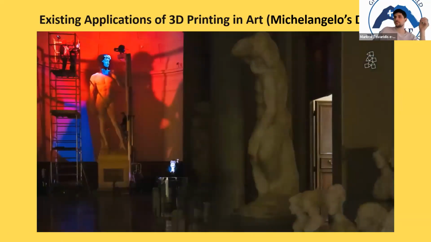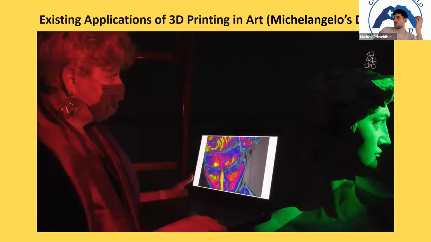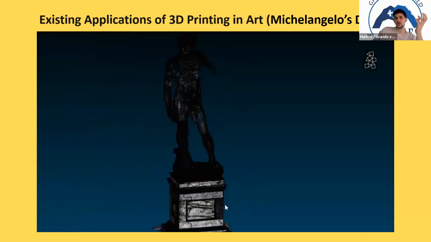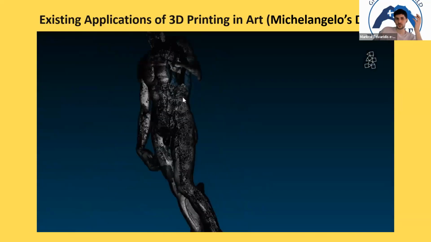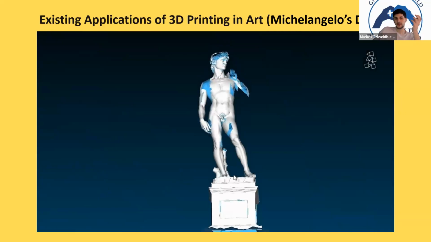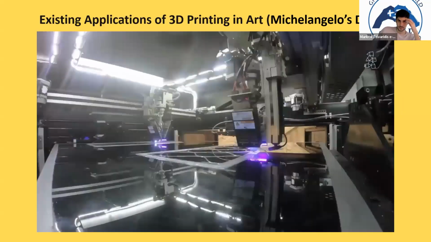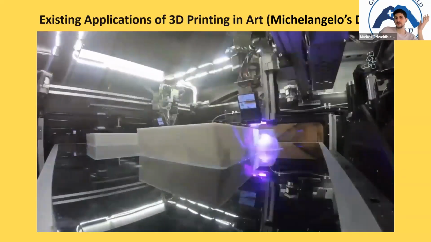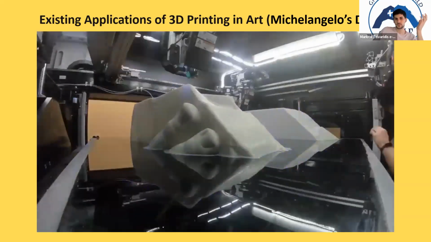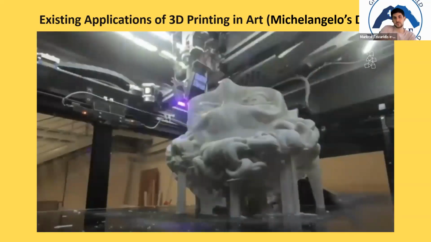After 3D scanning, they pass it through the computer and they check point by point if the 3D model is perfectly aligned with the actual sculpture, recreating the whole sculpture in a 3D model, as you can see here. And after recreating it, they start printing it. You can see the 3D printing process here.